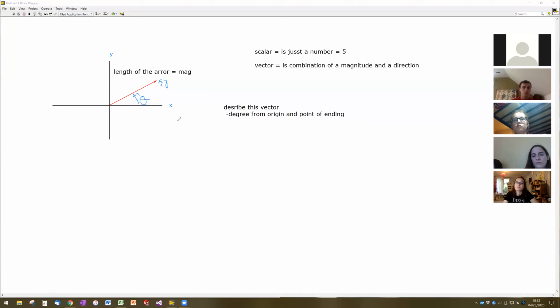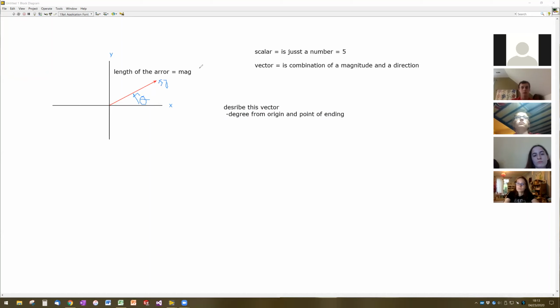That would define this. You're actually providing a little bit more information than you need to, because if you give them the actual endpoint of the vector and they know it starts at the origin, they can calculate the angle here, right? You could do the inverse tangent of the y coordinate over the x coordinate, and you could back out the angle.